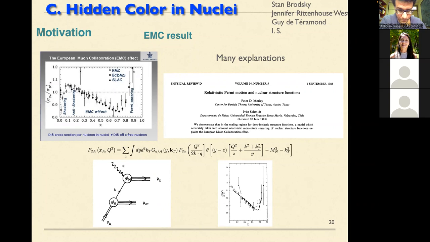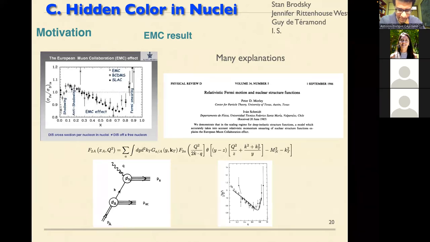For example, I am showing you here one that I don't see the date, but this is a long time ago that we did an explanation with Peter and Molly, in which we used a relativistic model without any parameters, and we could explain it. Sort of a convolution model. We could explain that. And there are many other things.